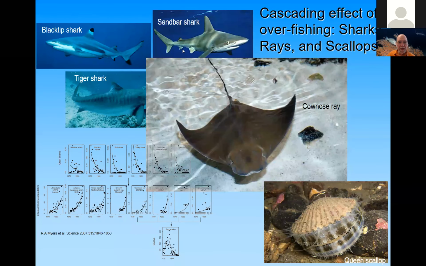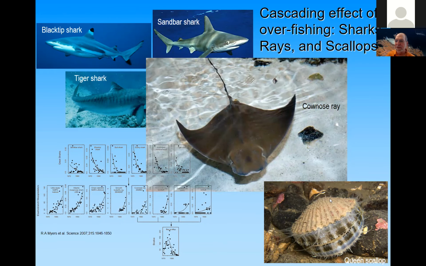When the sharks were removed, their prey item, the cow-nosed rays and other forms of rays, increased in population. And when that population increased, well, what do these guys eat? They eat scallops. So as the shark populations decreased, the population of rays increased, and they began to more heavily attack the scallops.